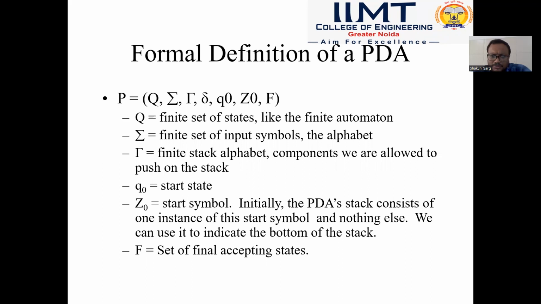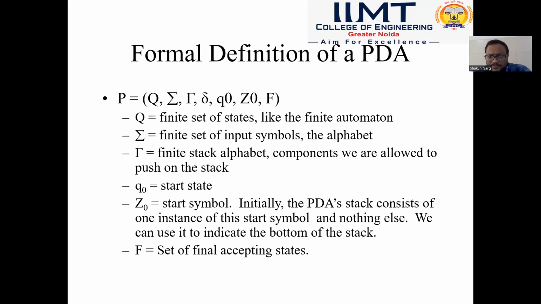as we already know, that any finite machine, any finite automata machine, it may be a PDA or it may be a finite automata, has a certain set of states. All states are signified with the help of capital Q. Capital Q is a set of states. Capital sigma, finite set of input symbols.